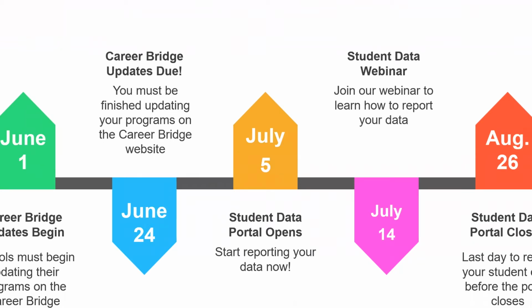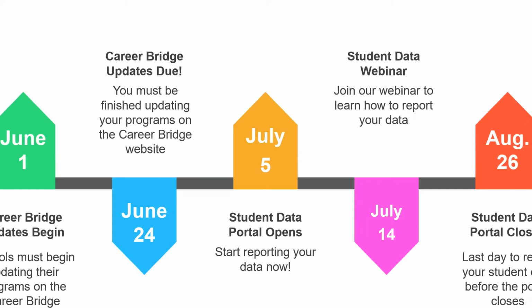Okay, so here is just a data reporting timeline. On June 1st, we asked, each school has a CareerBridge account on our CareerBridge website. And we reached out to anybody who is a CareerBridge registered user and we asked those users to go ahead and update their programs on the CareerBridge website.